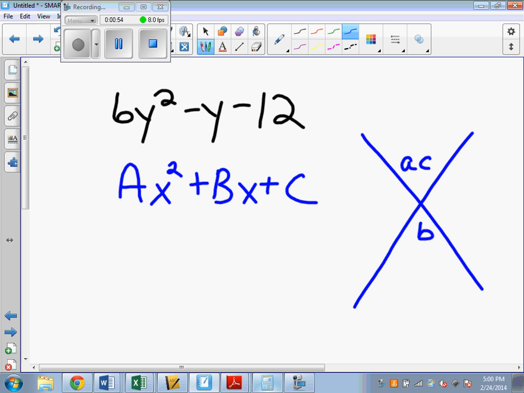It's okay that we have y's instead of x's, but the a is the coefficient in front of your squared variable, the b is your coefficient in front of your first degree variable, and the c is your constant.